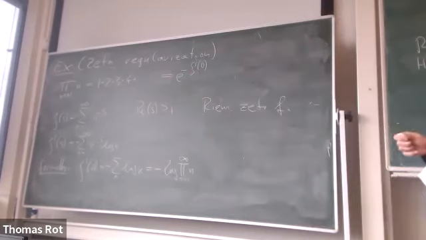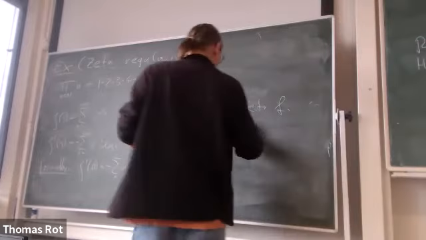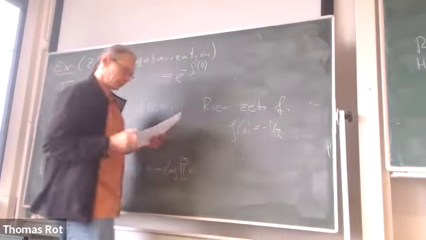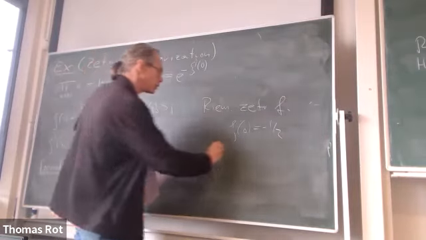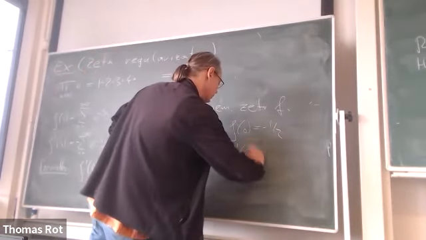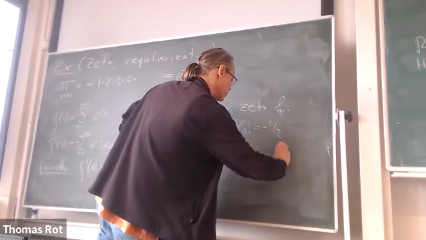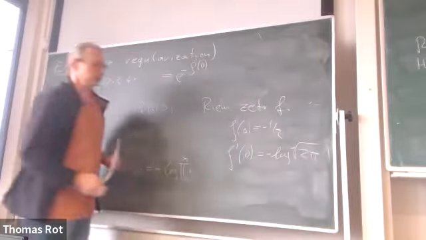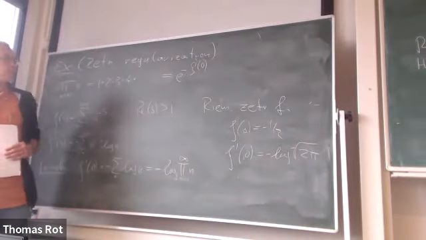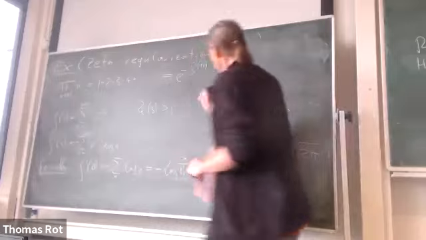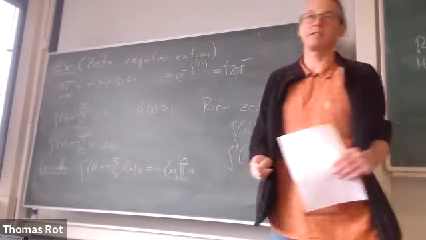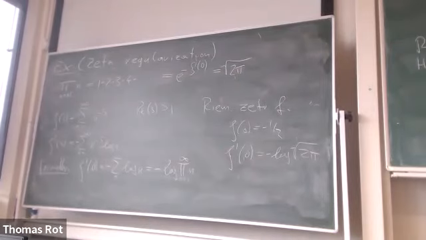And classically, it had been worked out what the value of the zeta function at 0 is. This was minus 1/2. And it has also been worked out what the derivative of the zeta function at 0 is. And it turns out to be minus half log 2 pi. So the product of all integers is the square root of 2 pi. And that's the idea behind zeta regularization.